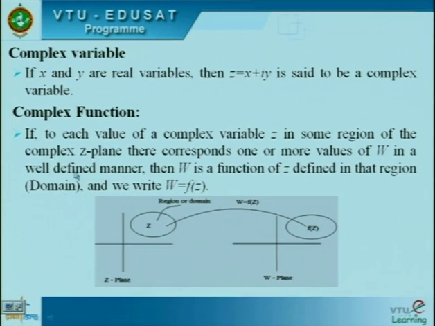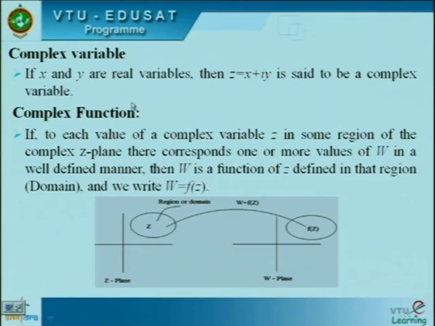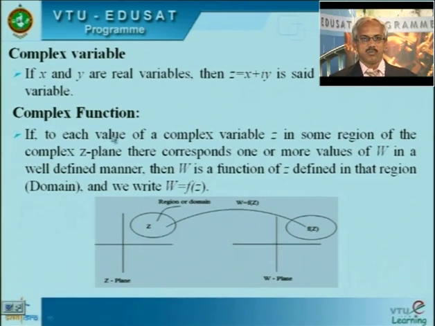Region is sometimes also known as domain, and we write w is equal to f of z for each value which is mapped onto the point w by the well defined manner, w is equal to f of z. So this is a complex function property.